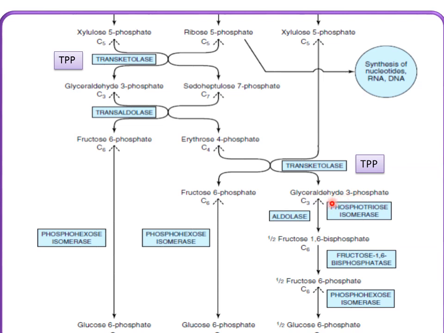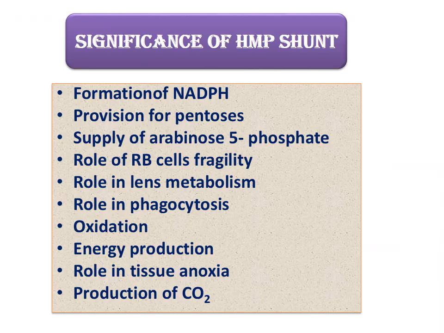This glyceraldehyde 3-phosphate is then again, by gluconeogenic enzymes, converted into fructose 6-phosphate. So at the end we have, with isomerization, these 2 fructose converted to glucose 6-phosphate. In this way the pathway is complete.